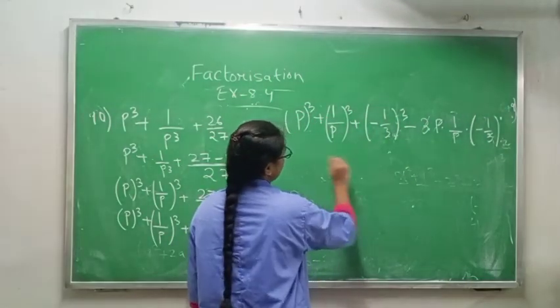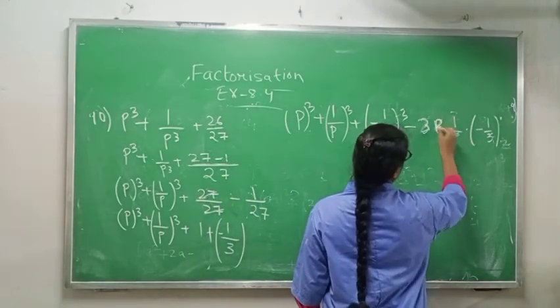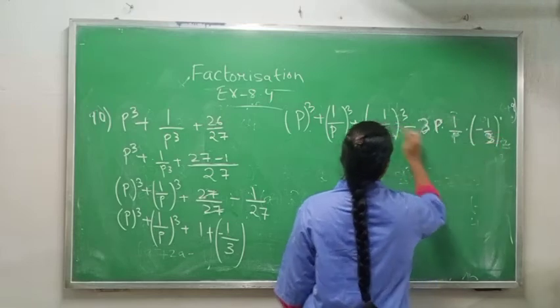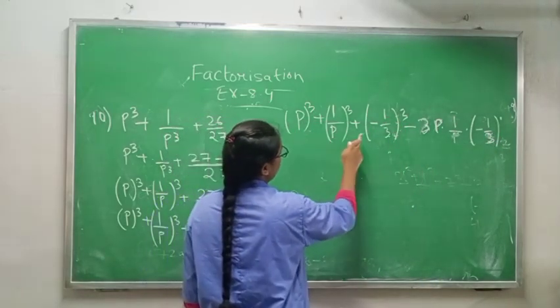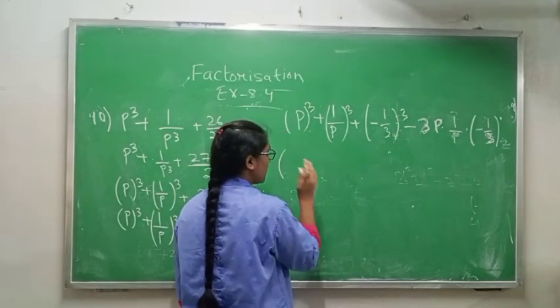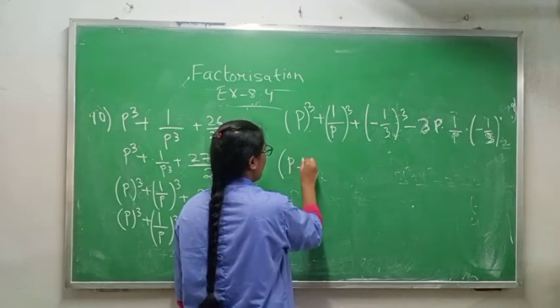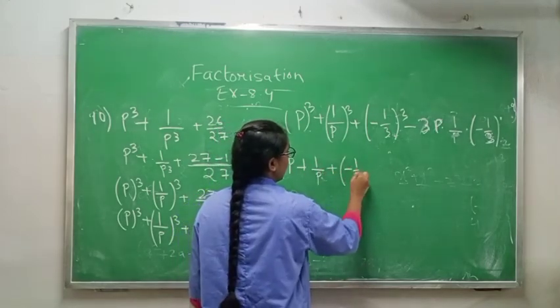Now what is the formula? Don't cancel this one. I am just showing you why I am writing minus 1 by 3 in place of z, not 1. Now the x cube plus y cube plus z cube minus 3xyz formula is x plus y plus z, x plus y plus z.